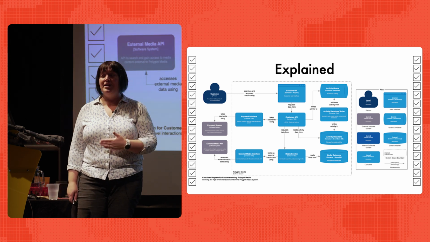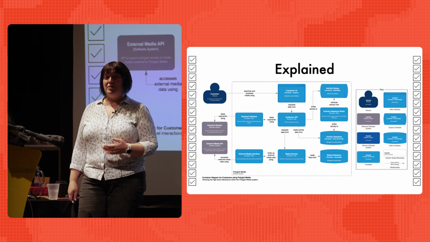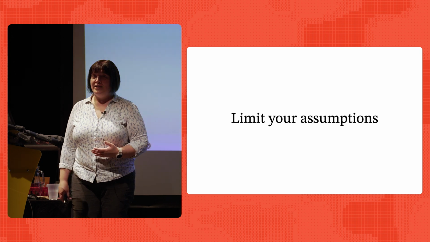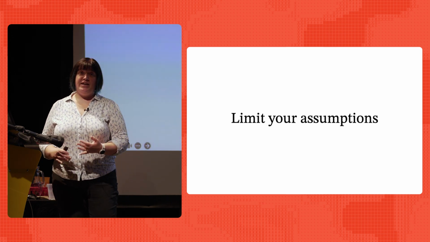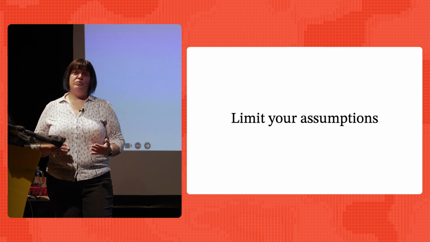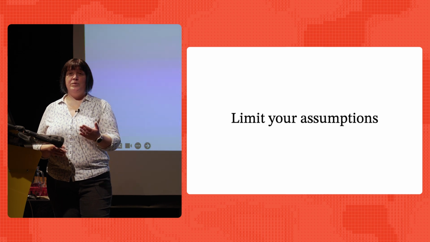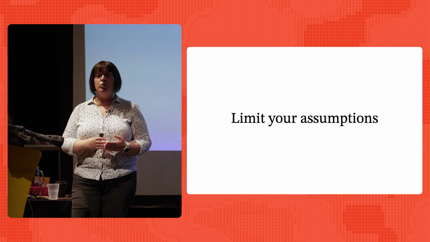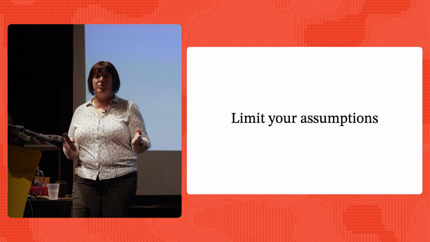It can be really, really expensive if people don't understand what you've put into your diagram. So what we're doing here is that we're limiting our assumptions of what people will think of our diagram. And we want to limit people's assumptions all the way through when we're creating software.